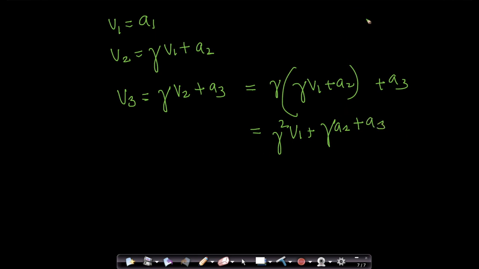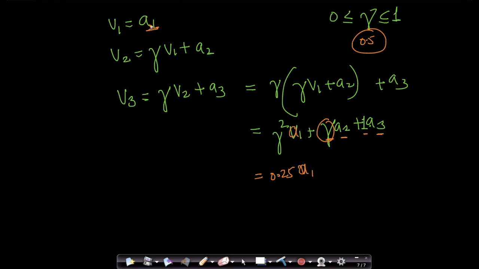If you think about it, remember, gamma lies between 0 and 1, right? So here you have a value of 1 into A3. This is something less than 1 into A2. And gamma square, let's say gamma equals to 0.5. What is gamma square? 0.25 A1, because V1 equals to A1, right?